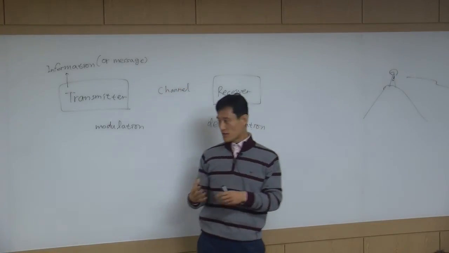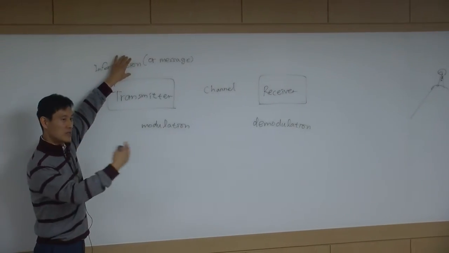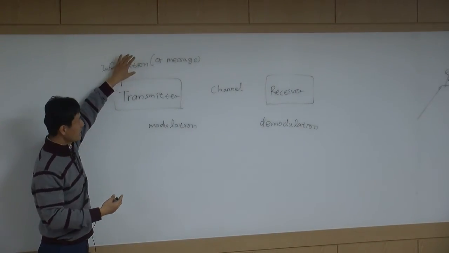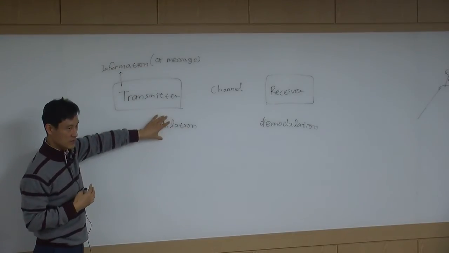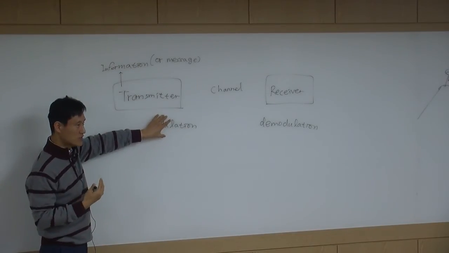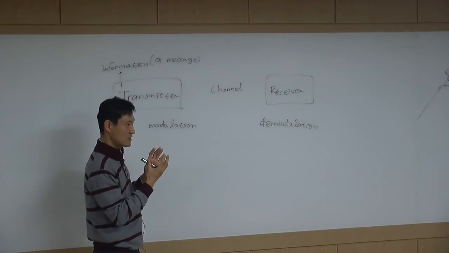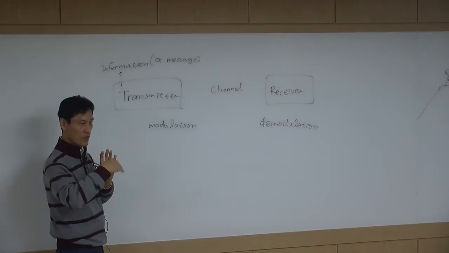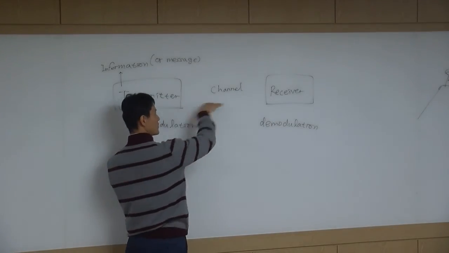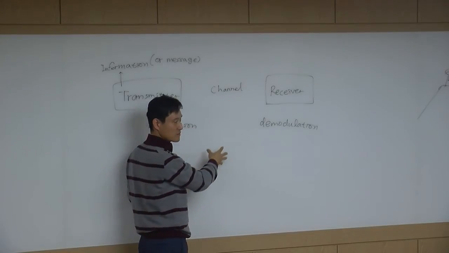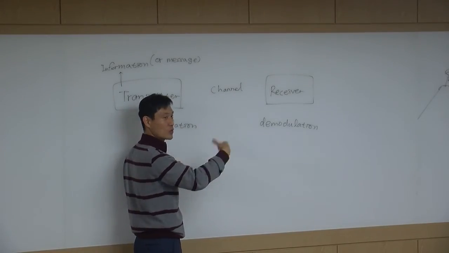So what does that mean? That means this is a message that I want to deliver, and I cannot send this message as it is. I need to have a modulation, because modulation will change the shape of your message. It changes it into some other waveform. And then that waveform goes through the channel, air, underwater, whatever, in the most efficient way.